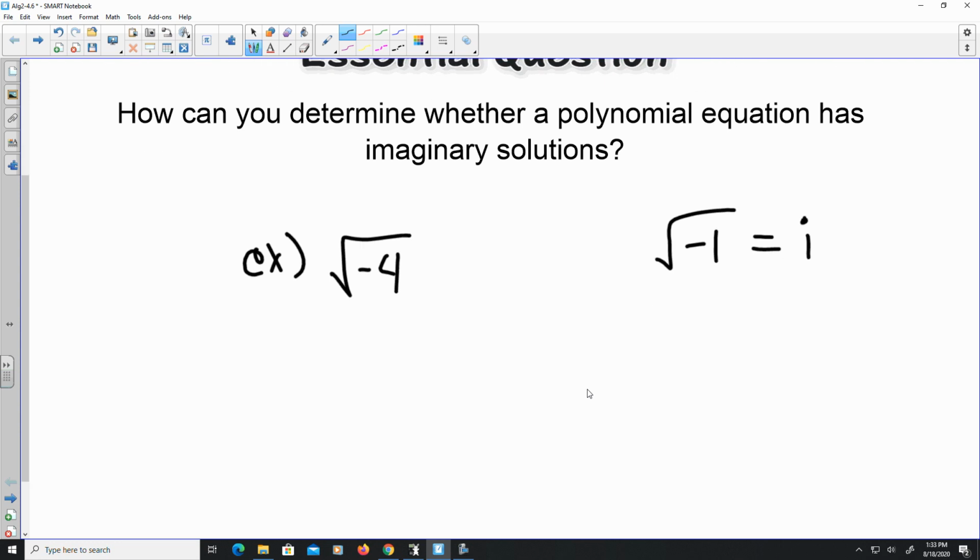So you're going to have to break this up into two parts: this is the square root of -1, and this is the square root of 4. Square root of 4 is 2, more specifically plus or minus 2, and the square root of -1 is i. So the square root of -4 is plus or minus 2i, and that's considered to be imaginary.